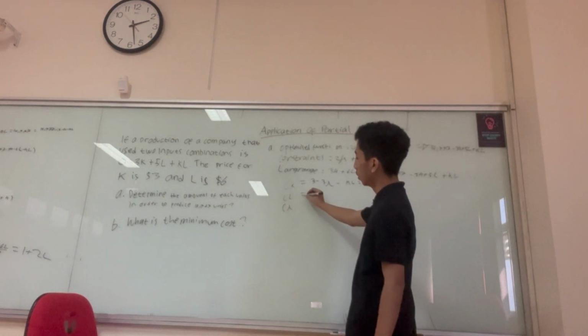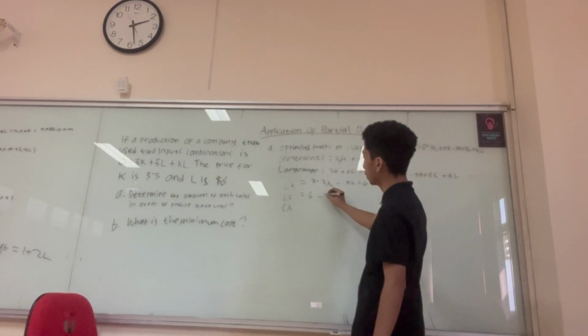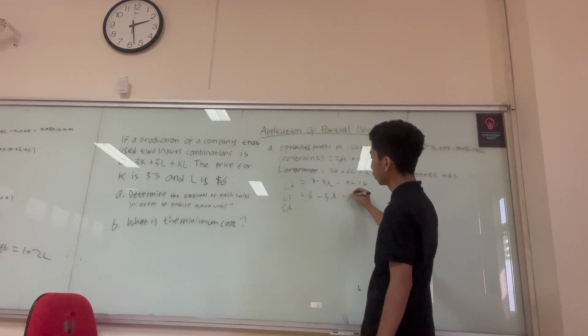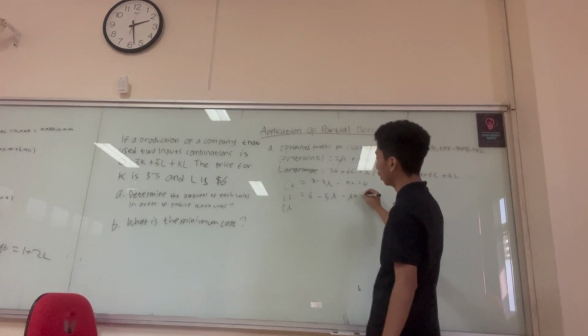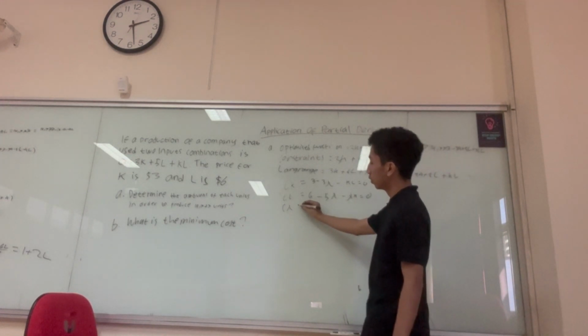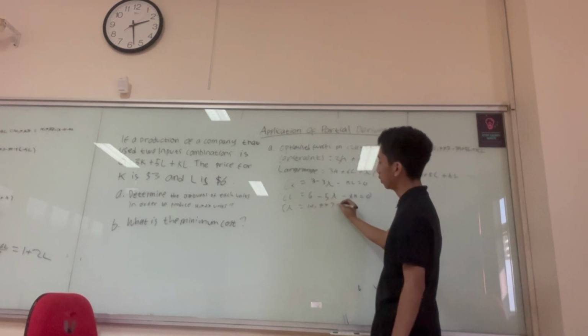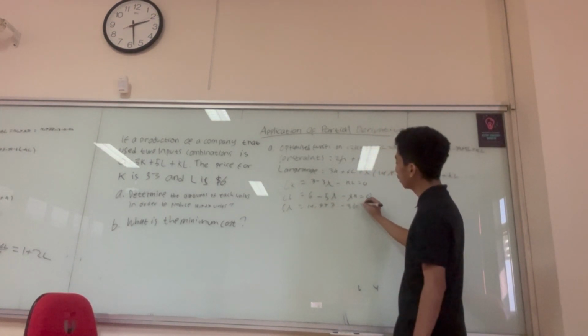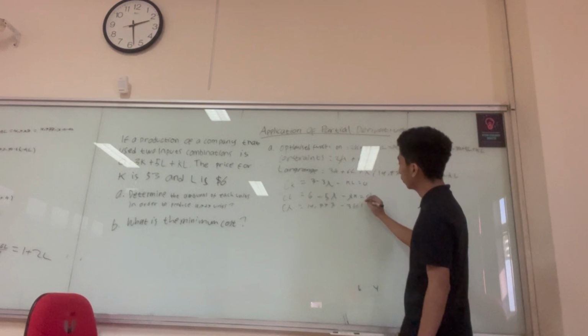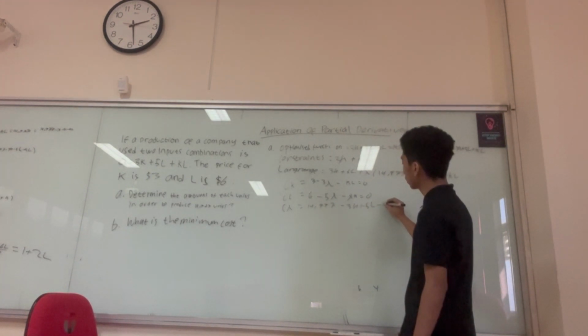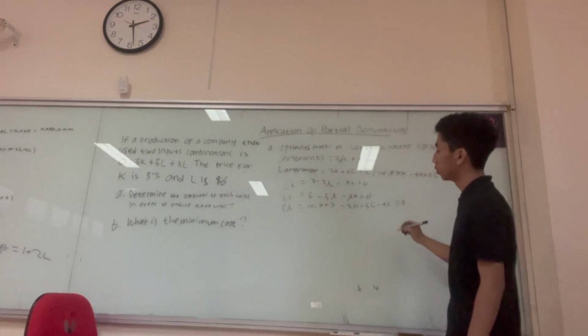And for the CL, it's 6 minus 5 lambda minus lambda K equals 0. C lambda is 14,777 minus 3K minus 5L minus KL equals 0.